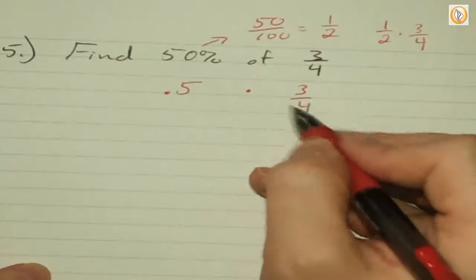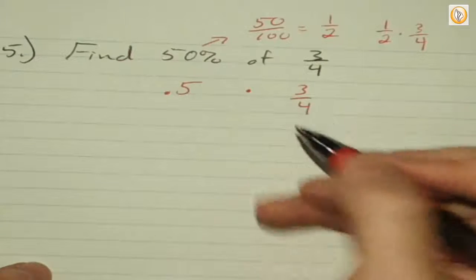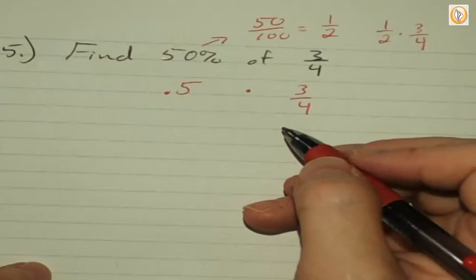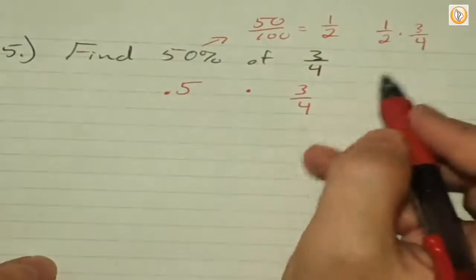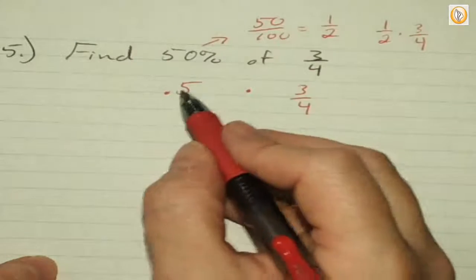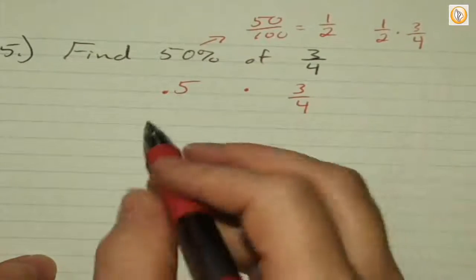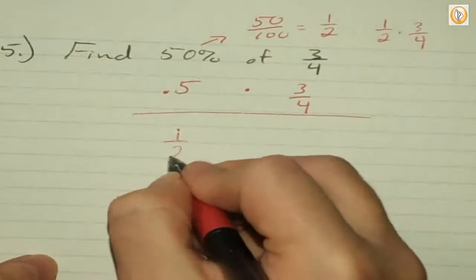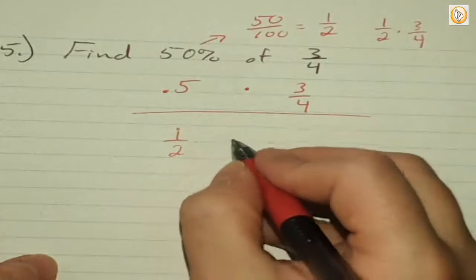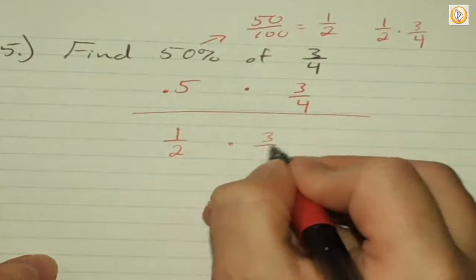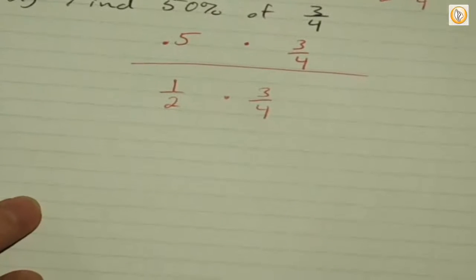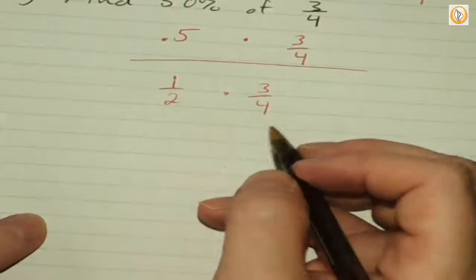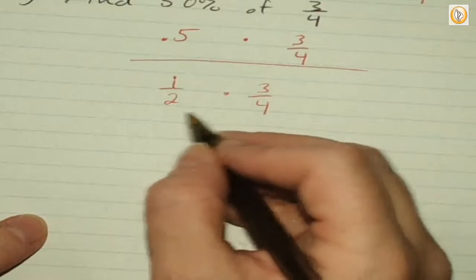Or you can change this to a decimal. So which do you rather do? I'll change the fraction. You want to change it to a fraction? Okay, so he's going to change it to a fraction. So really, it's going to be 1/2 because 0.5 is a half times 3/4. All right, so we have to have common denominators, right?